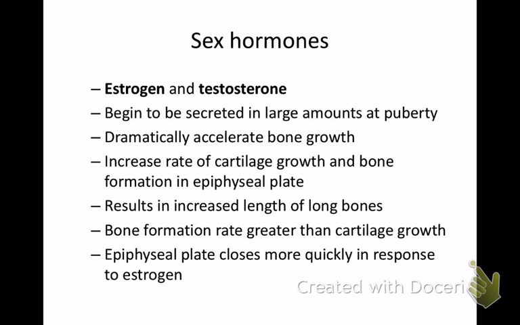When you first start to secrete them, low levels of sex hormones accelerate the growth of the epiphyseal plates, and you get that growth spurt. But when you finally plateau at adult levels, high levels of those hormones inhibit the epiphyseal plate. The plate quits growing, the bone takes over, it completely ossifies, and the plate is replaced by the line.